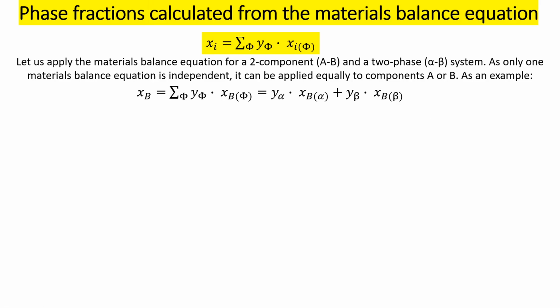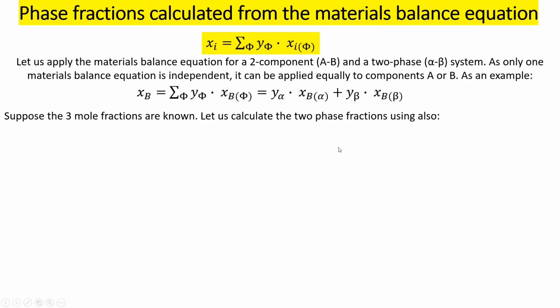So the summation provides us the sum of two terms. In the first term, phi will be replaced by alpha. So it is y alpha times xb alpha plus the second term. In the second term, the phi will be replaced by beta. So that will be y beta times xb beta. Okay, so this latest equation is nothing else than the first equation specified for a two-component, two-phase system.